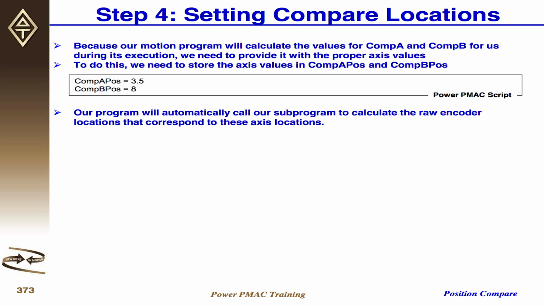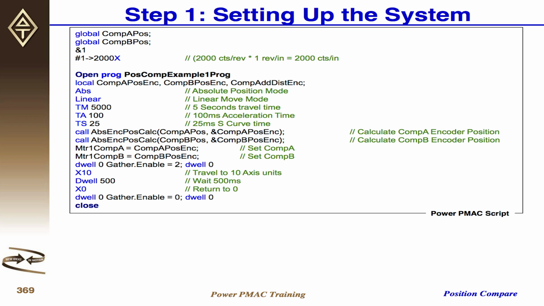Next, we need to set up our position compare locations. Because of some shortcutting we did a little while ago that I'll go back to mention in a second, all we need to do is set CompA pause to 3.5 and CompB pause to 8. The reason we get away with doing that is because back here in our subprogram, we already declared global variables CompA pause and CompB pause, and our absolute encoder position calculation subprogram is a function that accepts an input and gives an output.